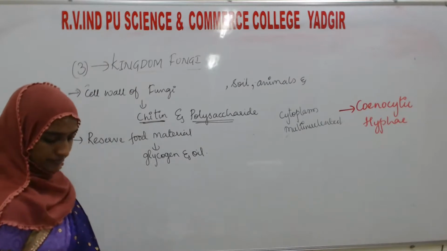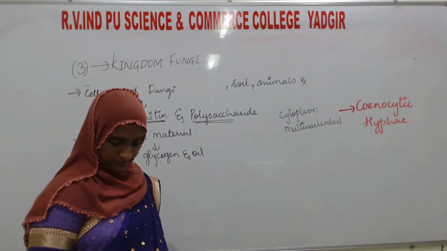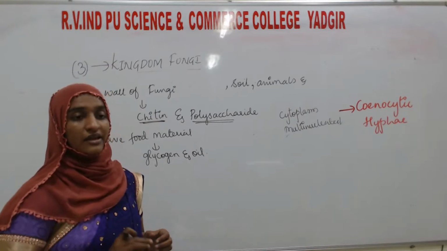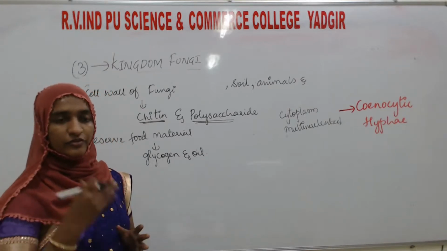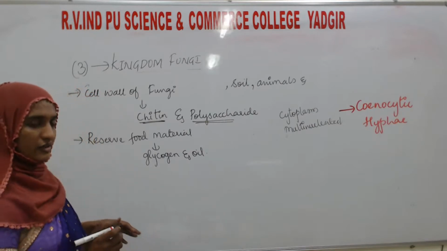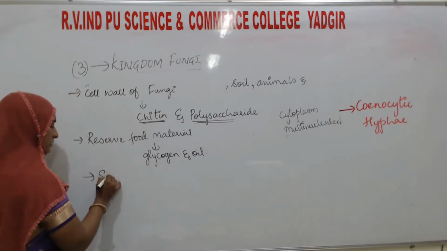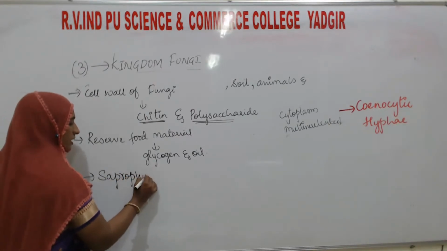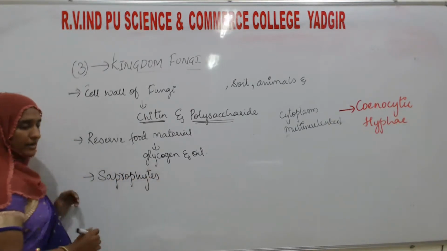The next, see, most of the fungi are saprophytes, as they are heterotrophs. So most of them are what? Saprophytes, which feed on dead and decaying matter.